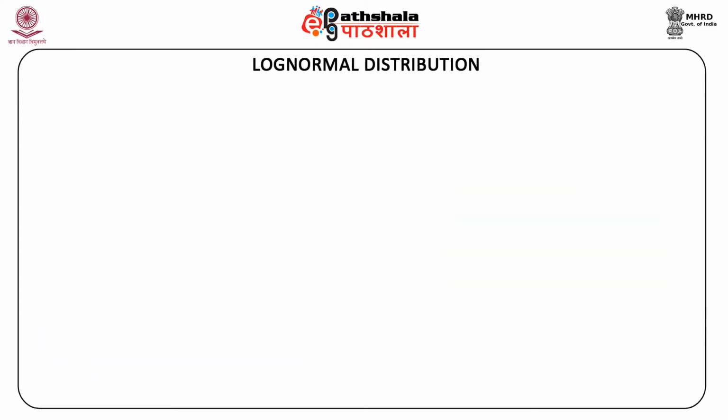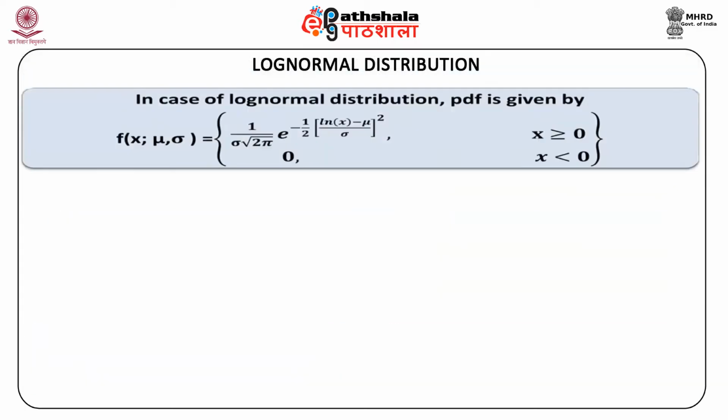Lastly, we discuss the case of log normal distribution. A continuous random variable x has a log normal distribution if ln x has the normal distribution with parameters mu and standard deviation sigma.